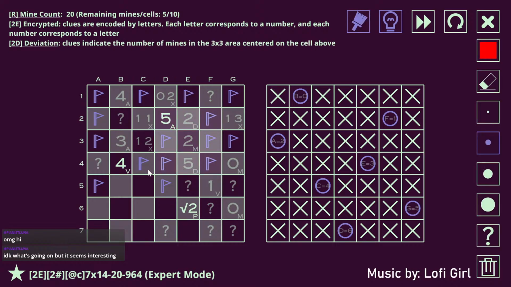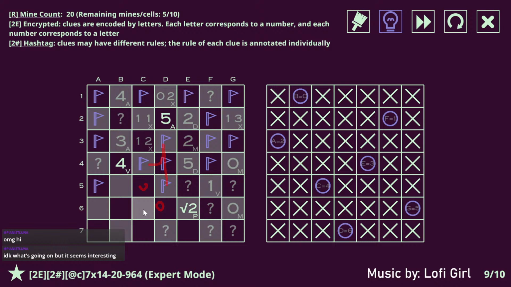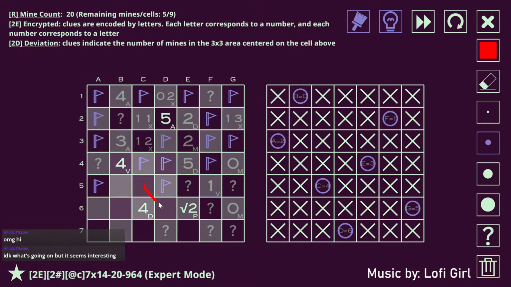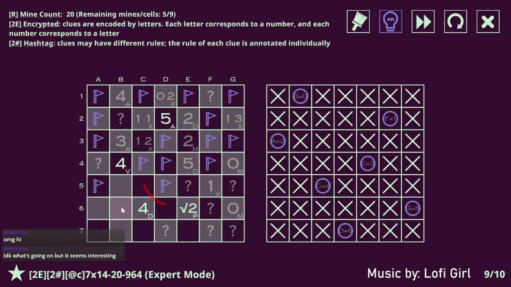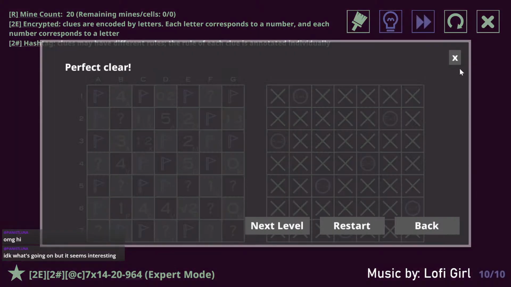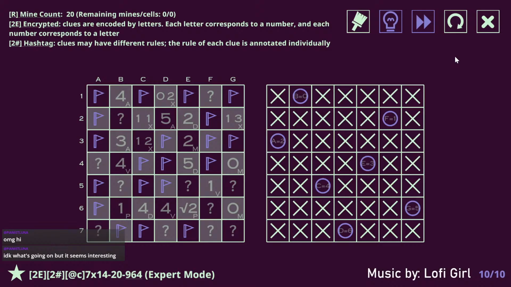Well, okay, this 5 must grow either here or here, and in both cases that touches this cell, which now can't be a mine. And 4 deviation. Again, we know one of these are mines, that will complete the 4, which means these are both empty. This is a mine, this is empty, that's a mine. That's a mine. 1 product means these are both mines, and so this must be empty. Yay! Alright, wow, E is so much easier than L.